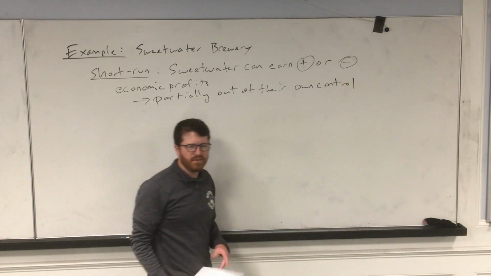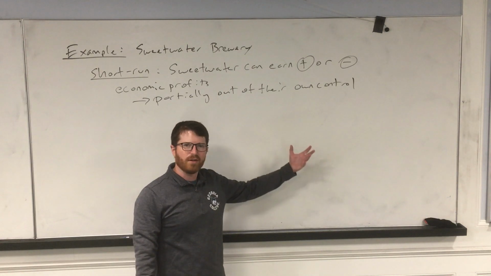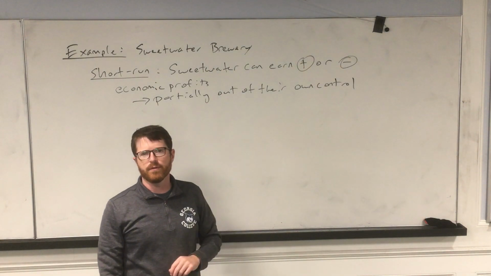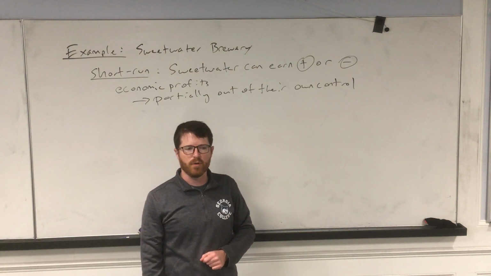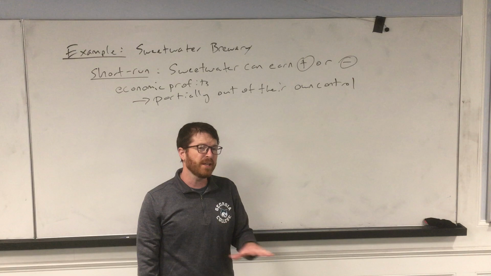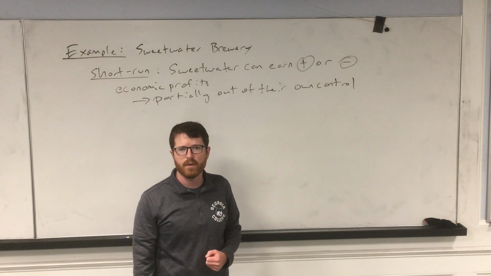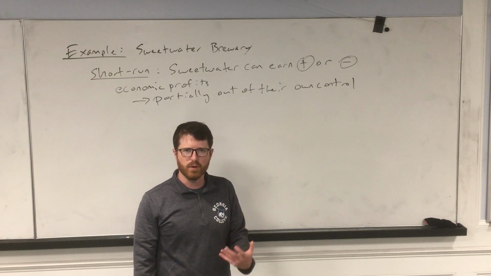What I mean by that is there are things Sweetwater can do to help themselves, but they're also kind of at the mercy of the market. This is different from perfectly competitive firms. If you're a soy producer, you're almost completely at the whims of the market. You don't really have any control over what happens. But when it comes to these firms, they do make choices, and these choices are really important.